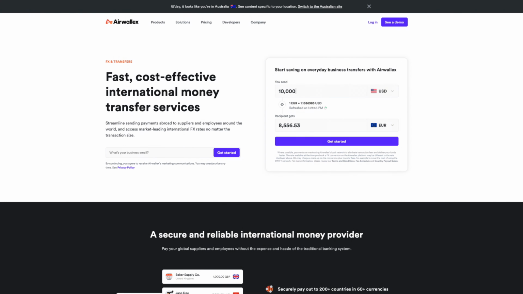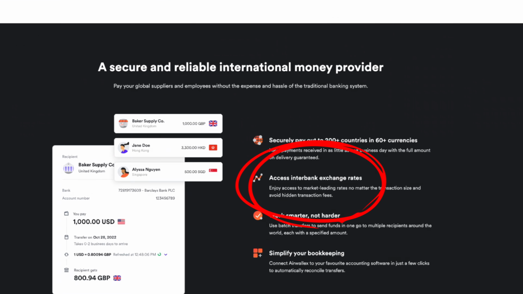So even if you don't have customers in the US, but let's say, for example, you have customers in the UK, like I did, you can choose to hold that money from them in Great British pounds or convert it directly into USD at a better rate, and this is important, than what your bank can offer, because Airwallex gives you access to interbank rates.